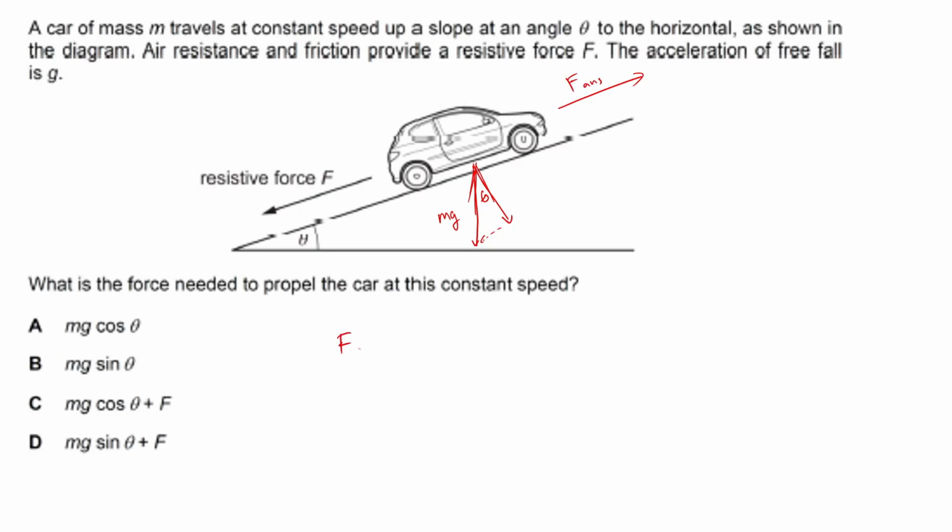Our F answer is equal to the resistance force plus the gravity force. So F answer is actually equal to F plus mg times sine theta, because it's the opposite side. And then wow, it's actually going to be D.